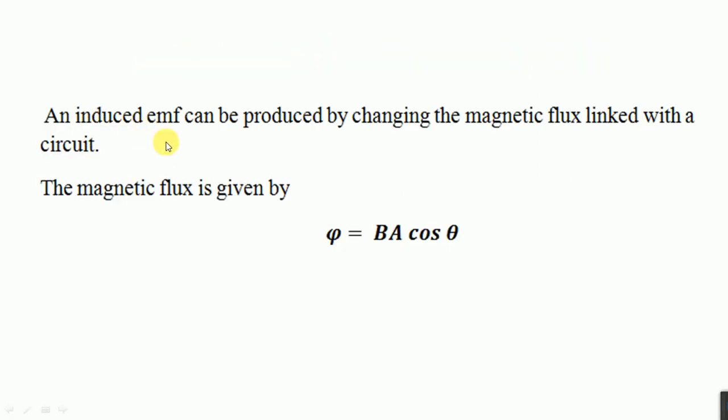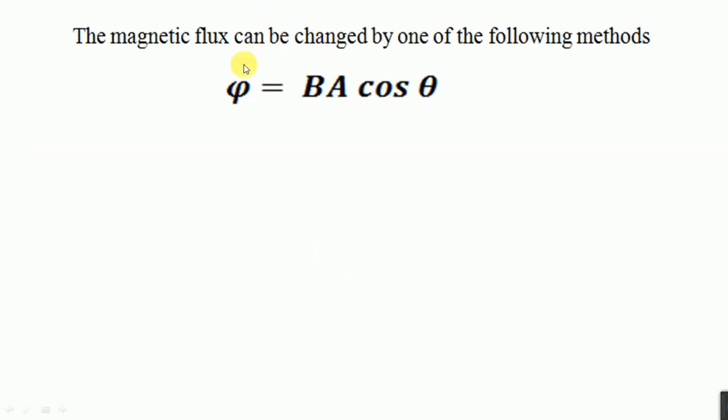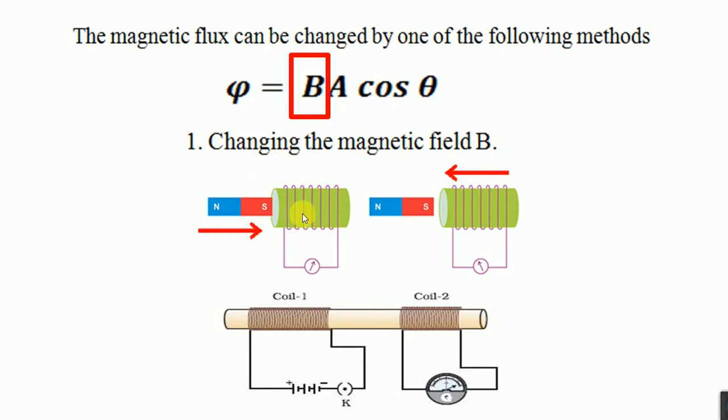As we all know, we can induce EMF by changing the magnetic flux through a circuit, and the magnetic flux is given by this. So in order to change the magnetic flux to produce EMF, we can either change the magnetic field. To change the magnetic field, we can bring the magnet near the coil, or we can move the coil as well, or we can switch on another coil near the coil.